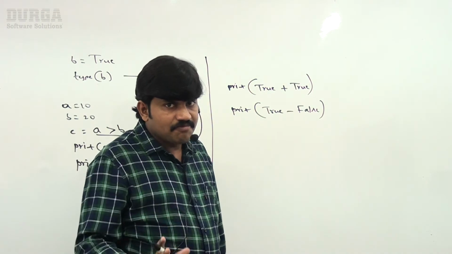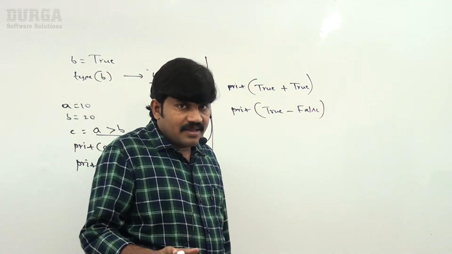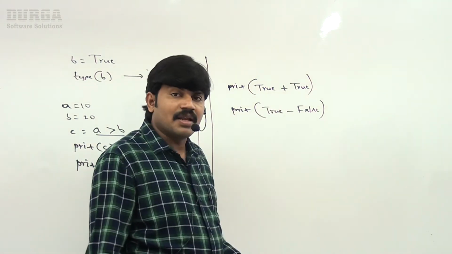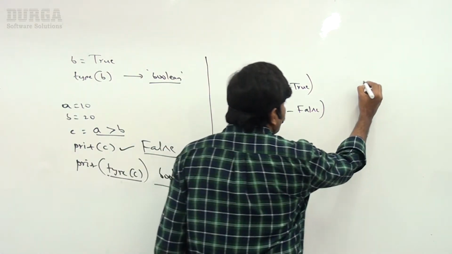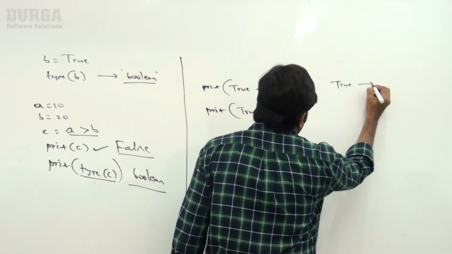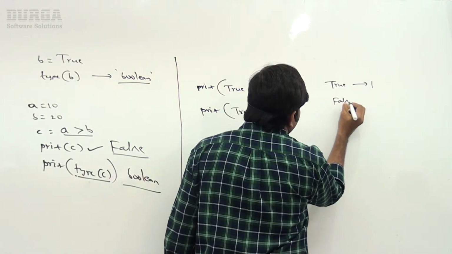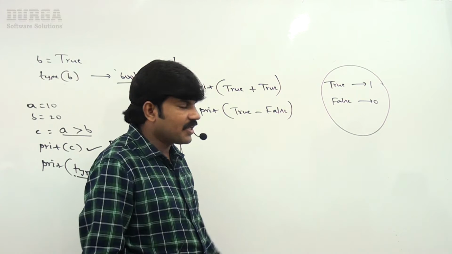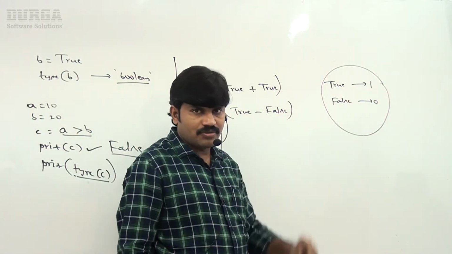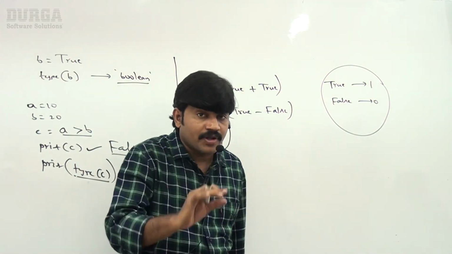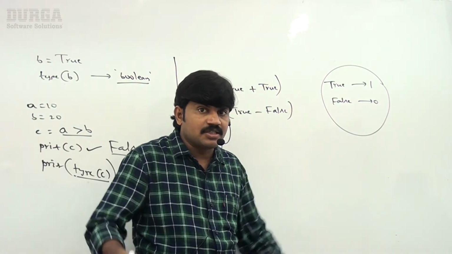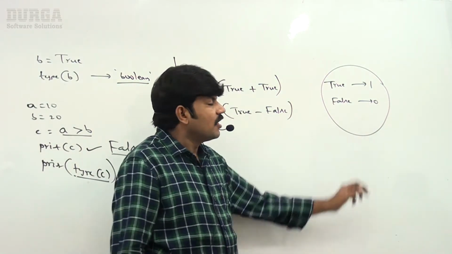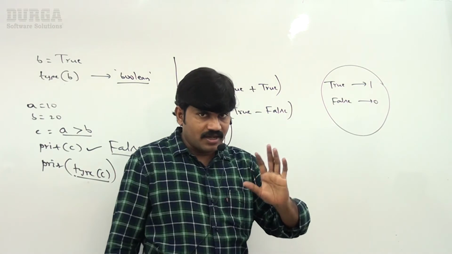So very simple, sir. Internally, True and False are represented as 1 and 0: True means 1, False means 0. That's why, if you are performing arithmetic operations with Boolean values, the corresponding int values will come into the picture.